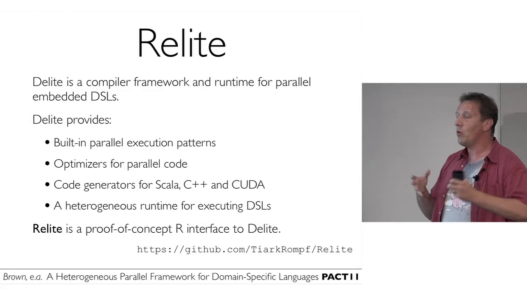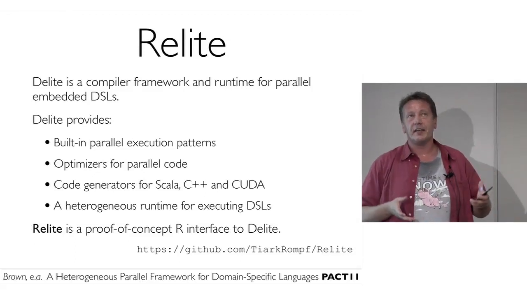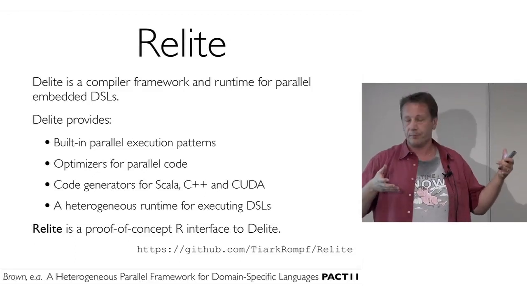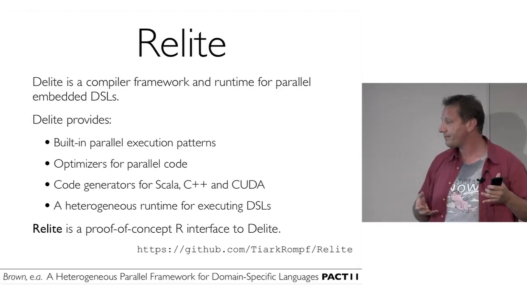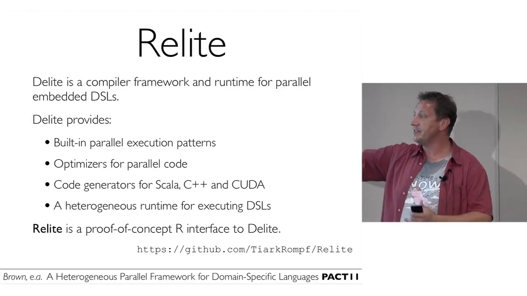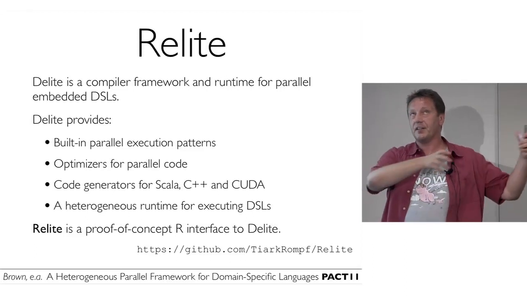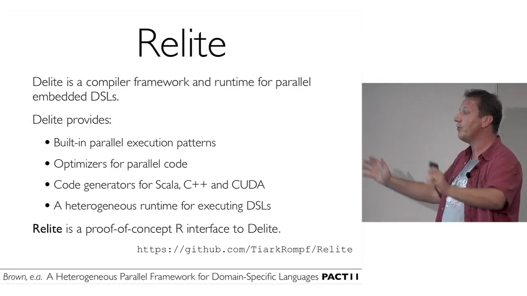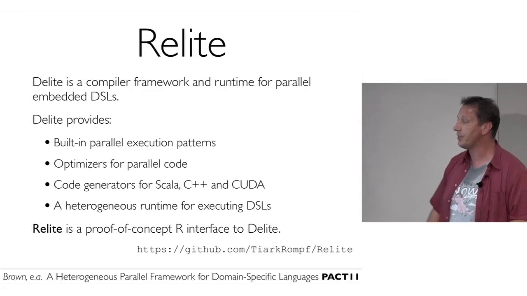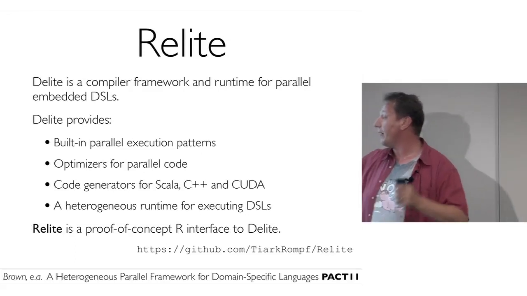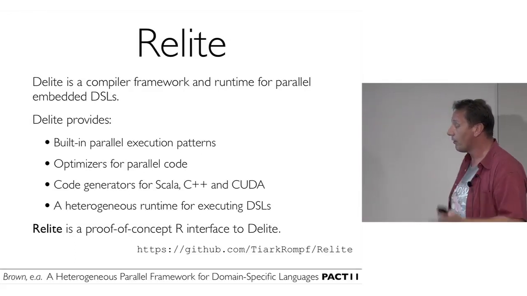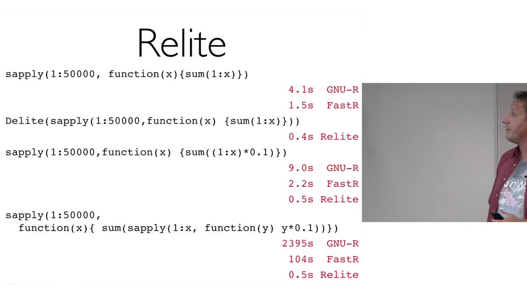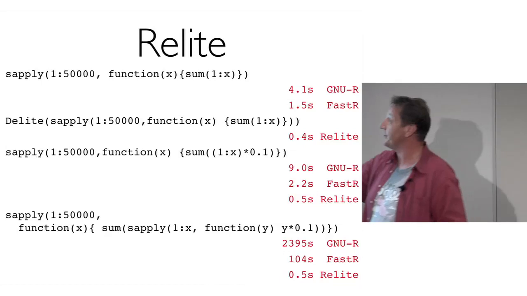It's a small compiler that generates parallelized code for a subset of R. It's written in Scala and takes the R code we have, and at runtime can generate some fast representation which can either go to CUDA or just be multi-threaded or even distributed. I'll give you an example of how it works. It's actually quite cool, and this was just 2 days of work.